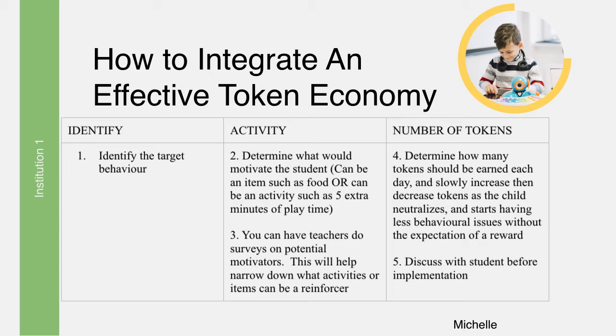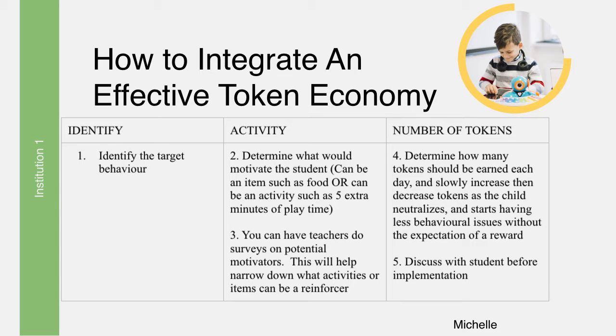So you would decide on when you should change the frequency of the token and the intervals of when a token should be given, how many tokens should be given in a day, and make sure you keep track of whether or not the student is continuing to display positive behaviors, or if the student is retreating back into old behaviors once you have changed anything related to how you have given the student tokens and rewards.